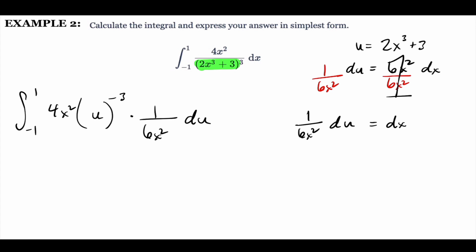Okay. So once you plug it back in, your next step is cancel things out. We don't want x's and u's. That's a problem if we have x's and u's. Well, luckily the x squareds will cancel out. Okay.